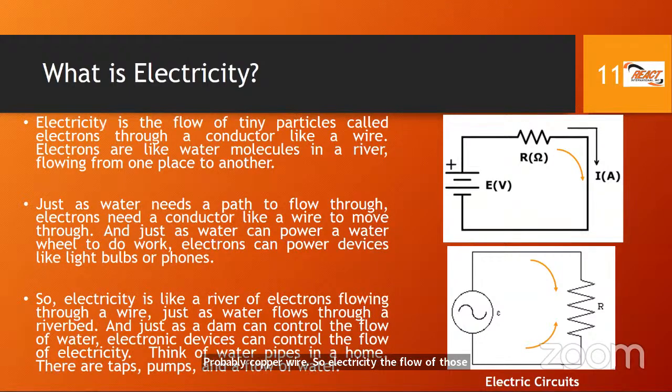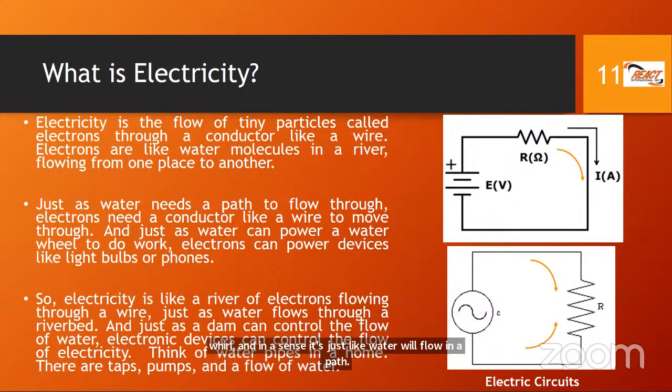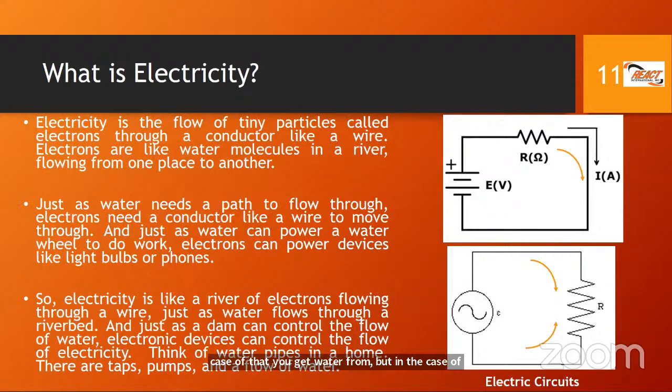And in a sense, it's just like water will flow in a pipe or water will flow in a river. It's a flow of water in the case of a pipe that you get water from. But in the case of electricity and an electric circuit, it's the flow of something called electrons.